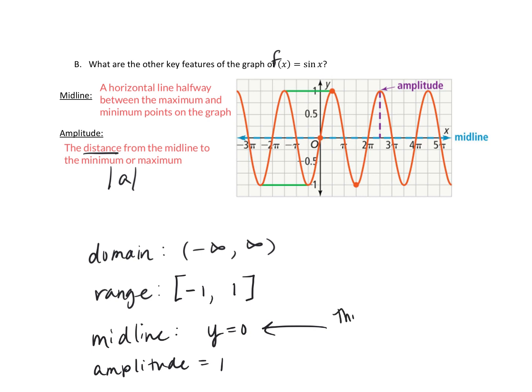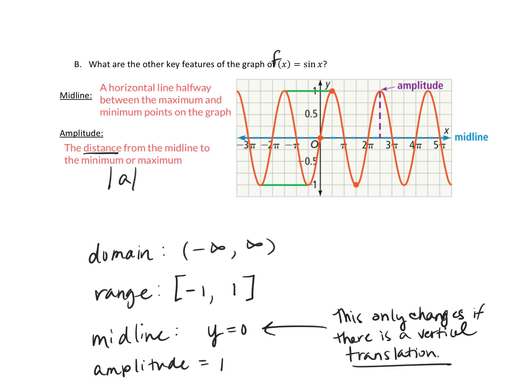This only changes if there is a vertical translation. So if you're not going to translate, like shift the whole graph up or down, that amplitude stays right there at y equals 0.